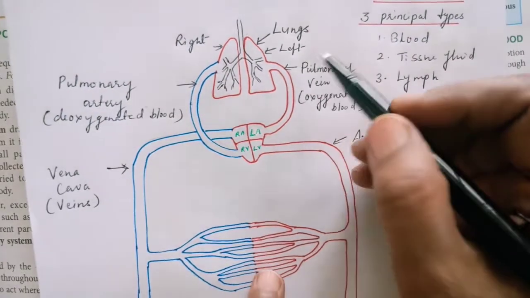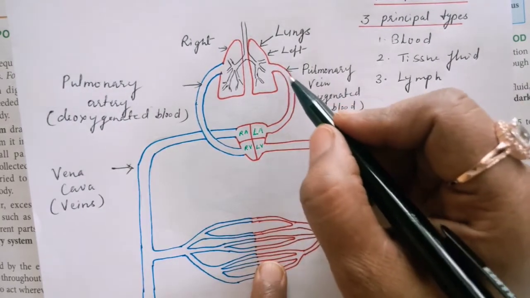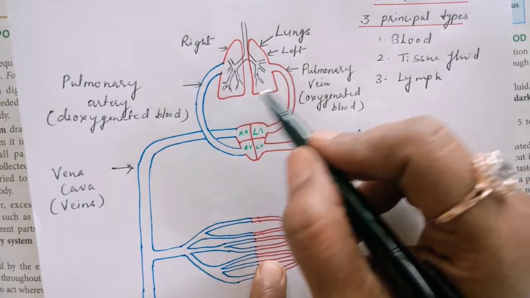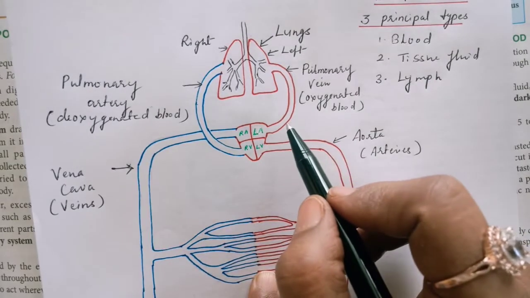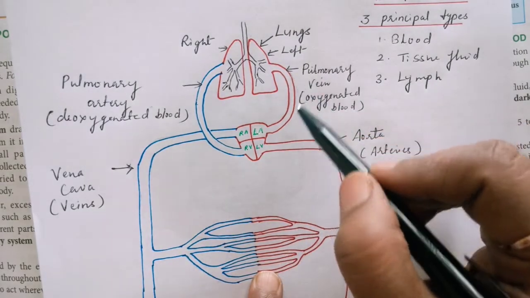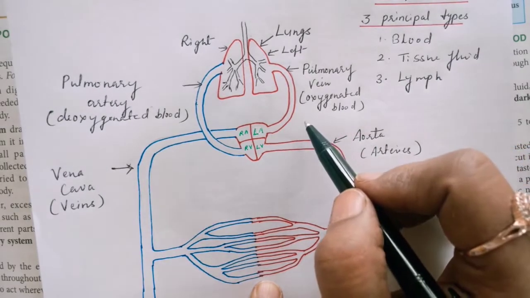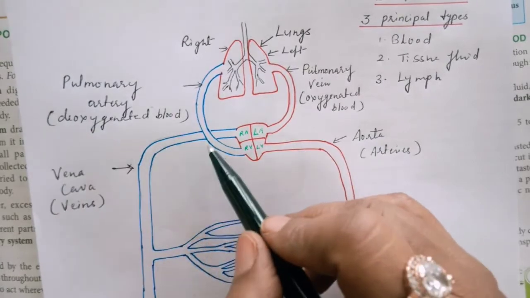From the lungs originates the pulmonary vein. Here this single vein is representing the four pulmonary veins, two coming from each of the lungs. It is also important to say here that the red colored vessels show the oxygenated blood flowing through them, and the blue colored vessels show the deoxygenated blood flowing through them.